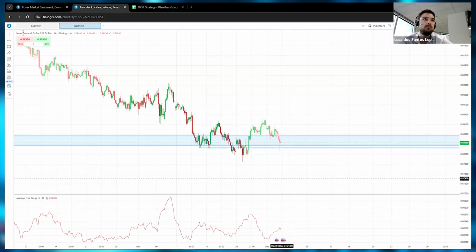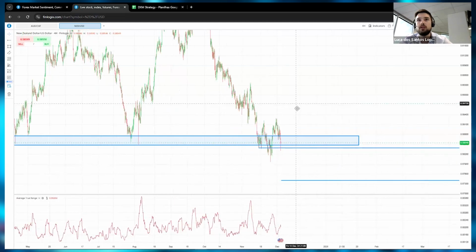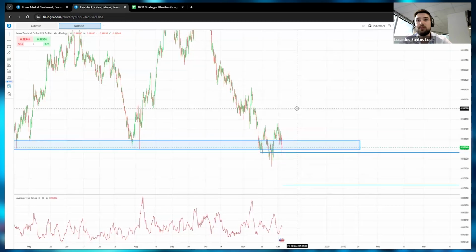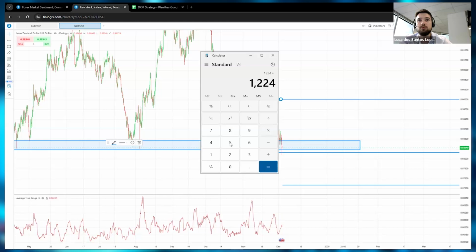So your stop loss would be somewhere around here. Entry point would be here. Take profit would need to be at least 1.8 to that, but we can easily get somewhere around here. Times 1.8.